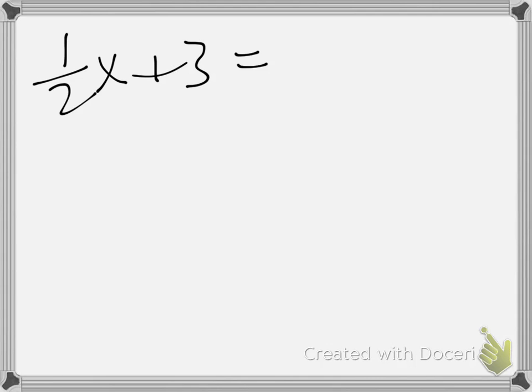Now, if you get to a situation like the next box in your notes where you get fractions, there's a couple ways you can do this. The first thing you can do is get all the x's on one side. So you'd pick the smaller of the two, and you could move the 1/2 x over by subtracting it. Now, here's my thing. We all hate fractions.